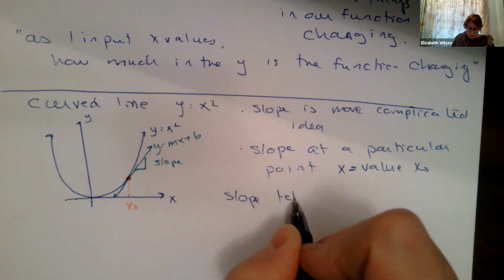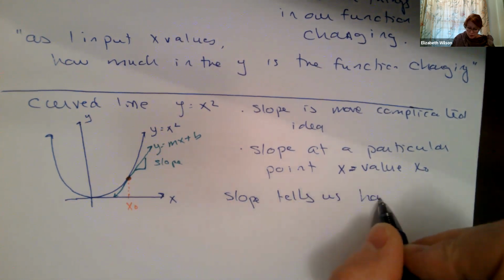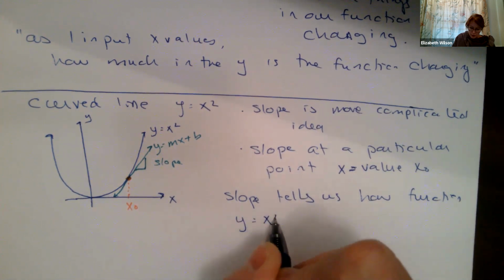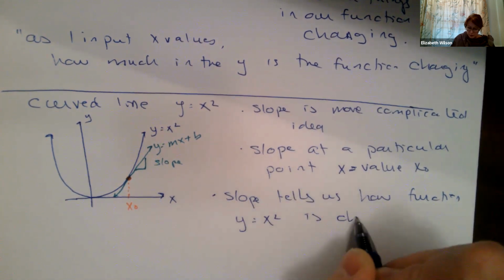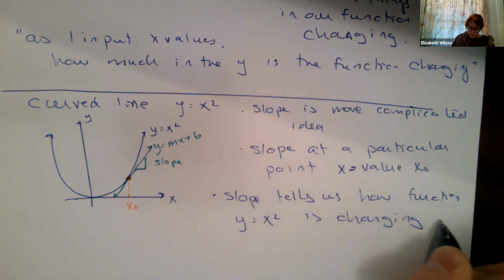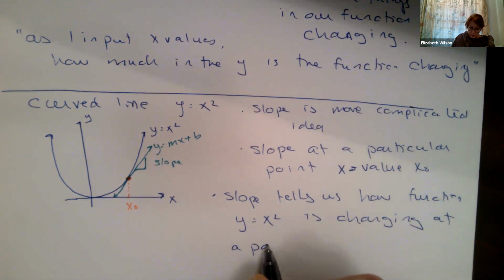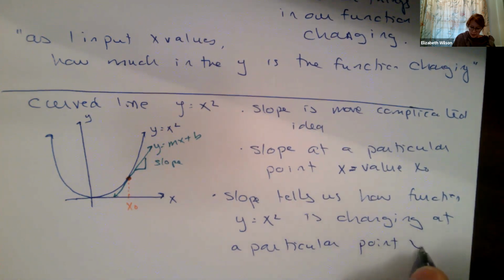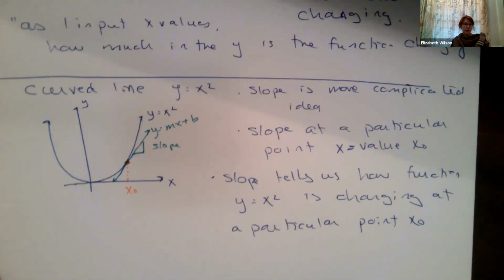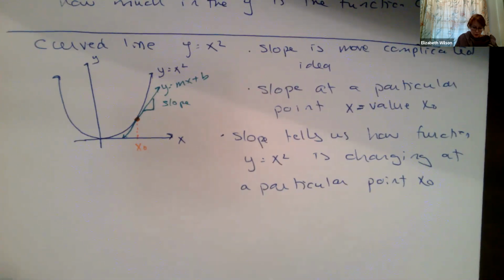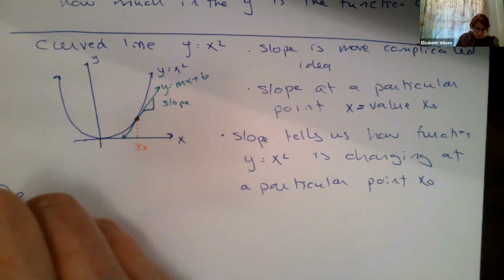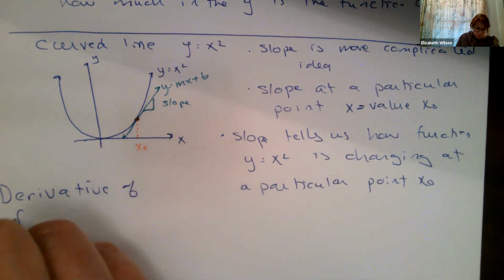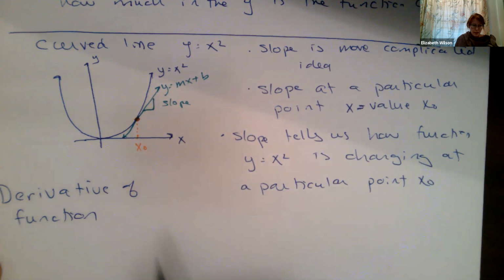So slope tells us how our function y equals x squared is changing at a particular point, x naught. And this is where the derivative comes into play, okay? Because the derivative of our function is my slope.